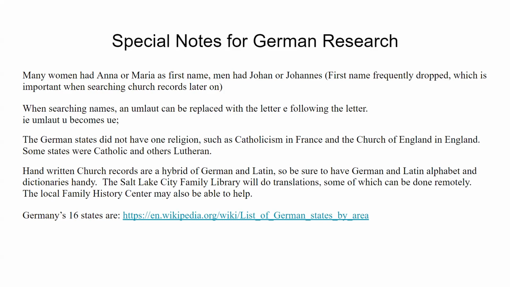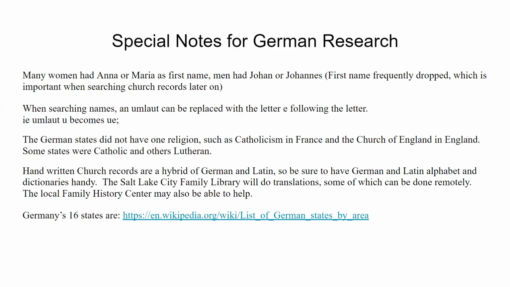And as mentioned, the records are typically going to be either Catholic or Lutheran, sometimes referred to as evangelical. Now, if you look at the handwritten German records on FamilySearch and start looking at film, you'll find that it's a mixture of German and Latin.